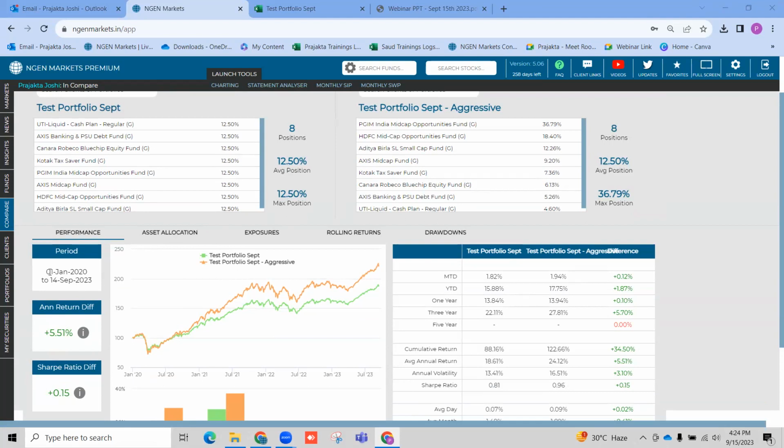Right? So let's say this, you can typically see that the period under consideration is 1st of Jan 2020 to 14th of September 2023. The annual return differential is 5.5% between the two portfolios. Of course, this orange line that you can see is representing the aggressive portfolio, and the green line is the equal weighted original portfolio.